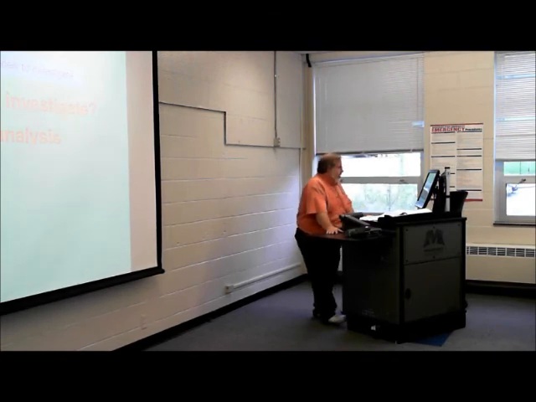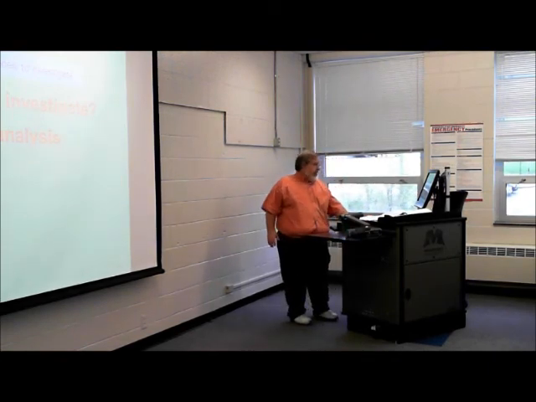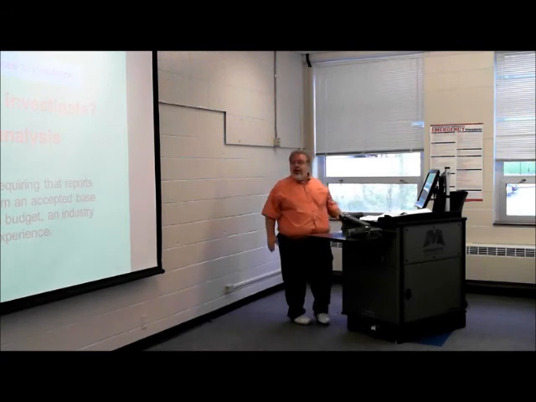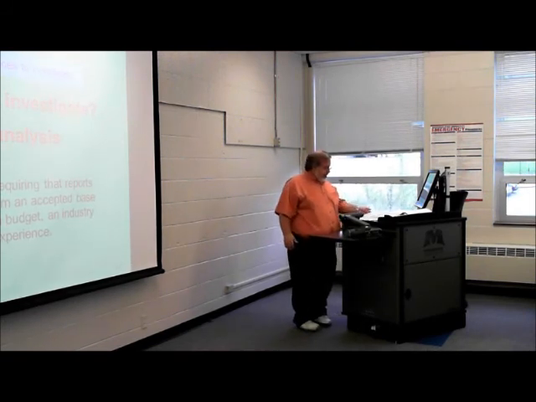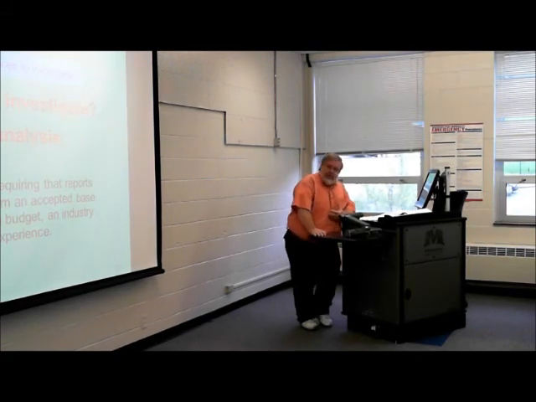Now, which variances do we investigate? Again, cost-benefit analysis. Where do we get the biggest bang for our buck, just like I said. And a lot of firms do management by exception. Generally they have a statistical model, exactly what percentage of deviation they have to have in a variance before they deal with it.